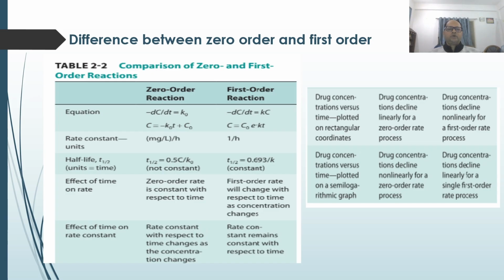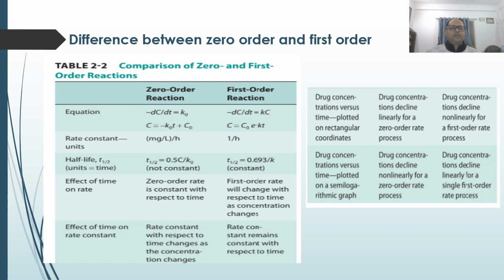So in zero order kinetics, the rate process is independent of the concentration of the drug, whereas in first order kinetics the rate process is directly proportional to the concentration. And the final equation: zero order is C is equal to minus K0 t plus C0, whereas in first order C is equal to C0 e to the power minus Kt.